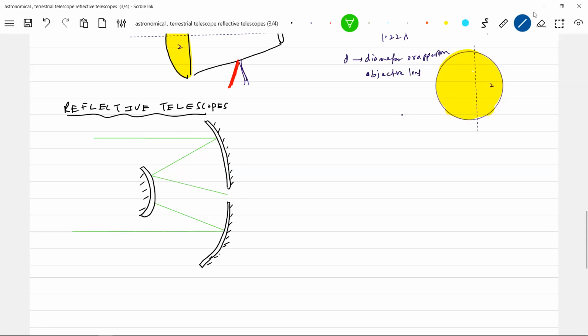Anywhere, I can adjust it anywhere. Two different colors will take it, red and this one. Again, check the mains paper. We don't have much discussion or many questions on the reflective telescope.